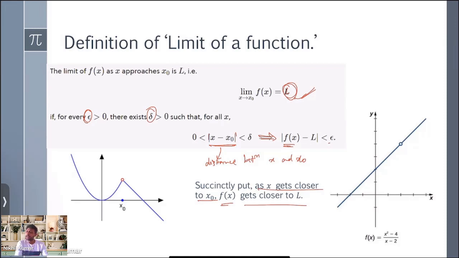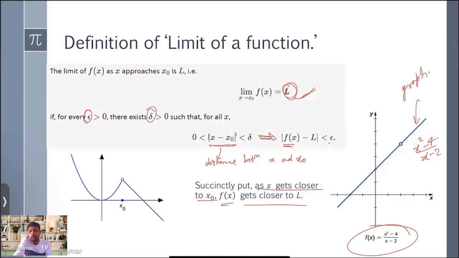So here's an example. Let's try to find out the limit of this function. This function is x square minus 4 by x minus 2. Here the function is written, and this is the graph of this function.